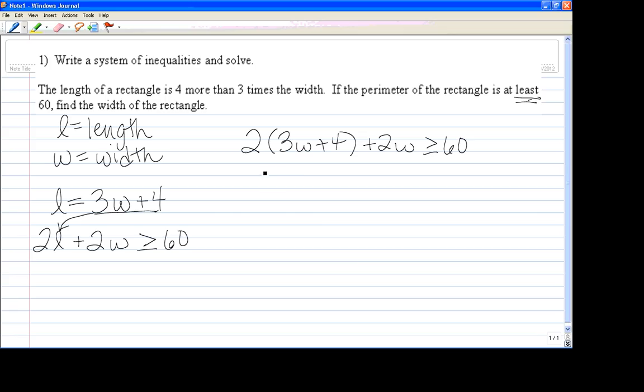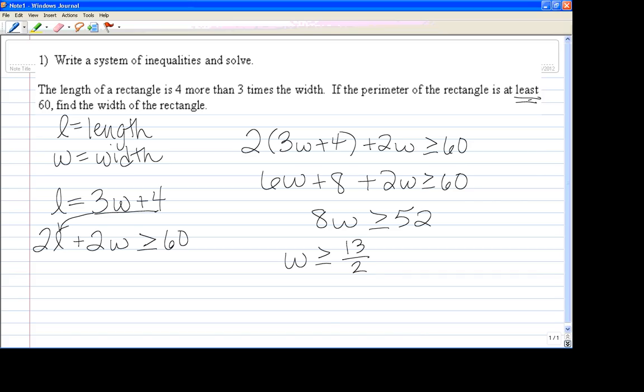So if I distribute my 2, I'm going to get 6w plus 8 plus 2w is greater than or equal to 60. 6w plus 2w is 8w, and when I subtract 8 from both sides, I get 8w is greater than or equal to 52. Divide both sides by 8, and my width will be greater than or equal to 13 halves, or if you want to write it as a decimal, you could do 6.5.